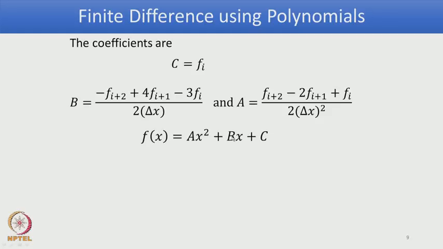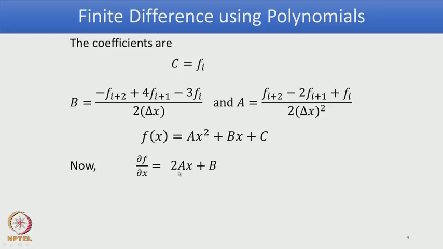Now, come back to the quadratic polynomial function that we have taken: f of x is a x squared plus b x plus c. If you substitute values for a, b, c, you actually have the function evaluated based on function values at the subsequent forward points. If you want the first derivative, take dou f by dou x and differentiate the right hand side: 2 times a x plus b, and c goes to 0.